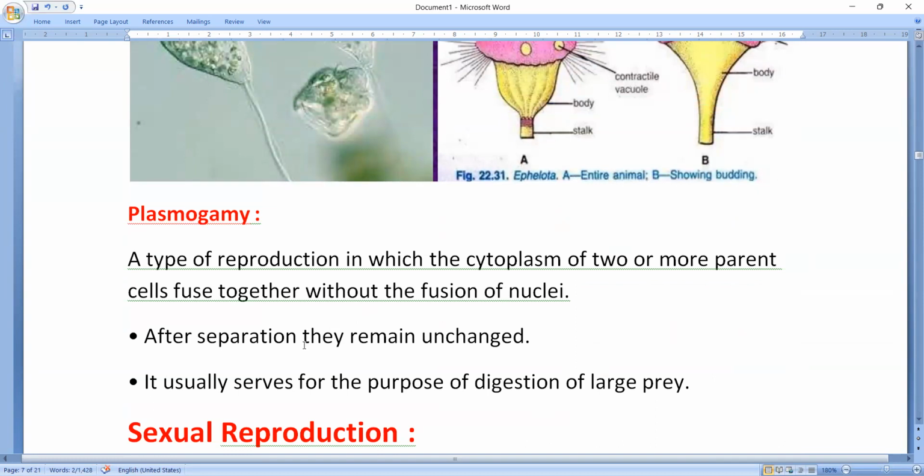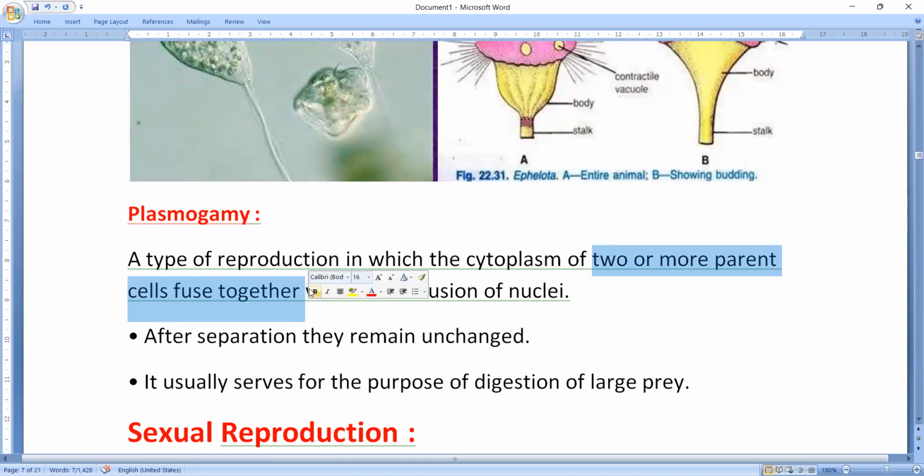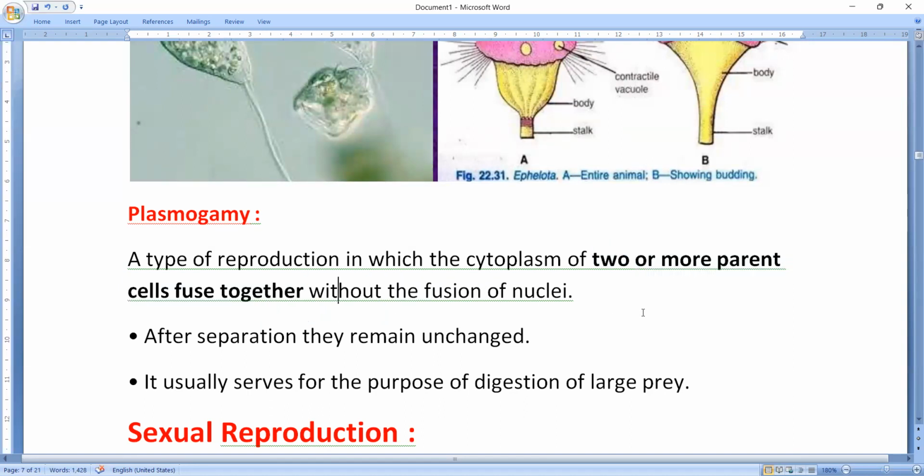And then plasmogamy. So here it is not a kind of reproduction actually. So a type of reproduction in which the cytoplasm of two or more parent cells fuse together without the fusion of nuclei.